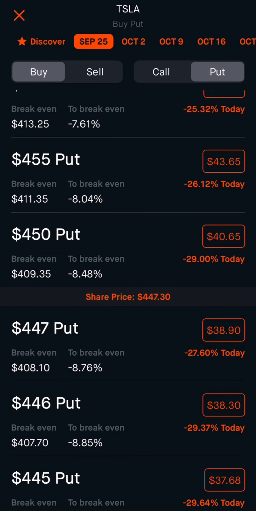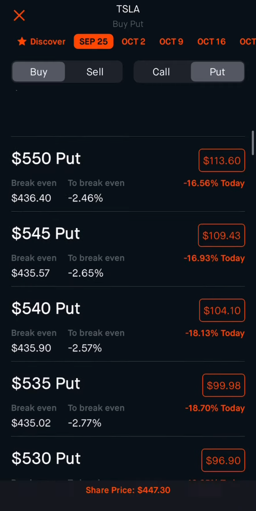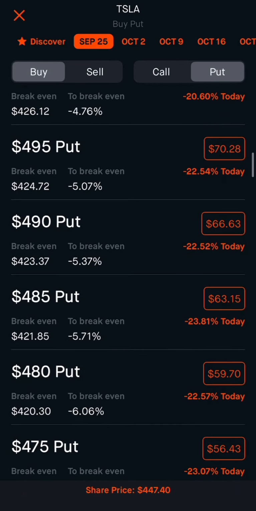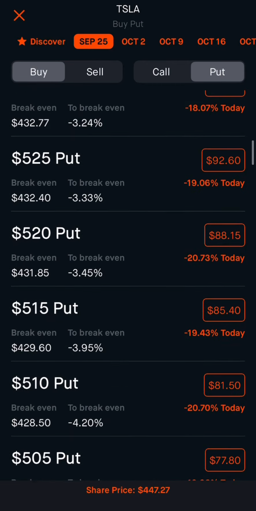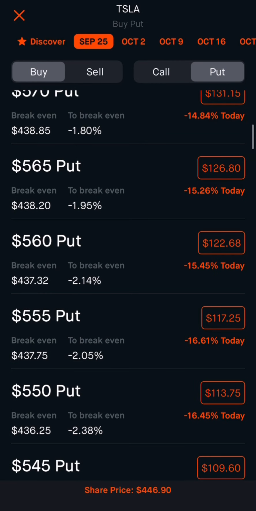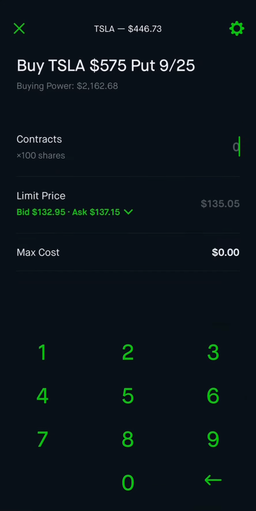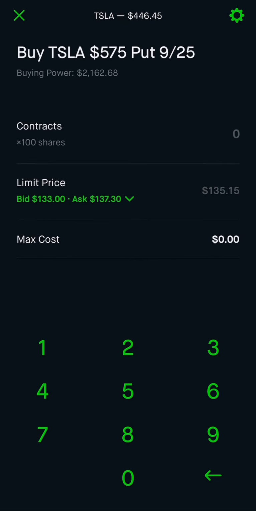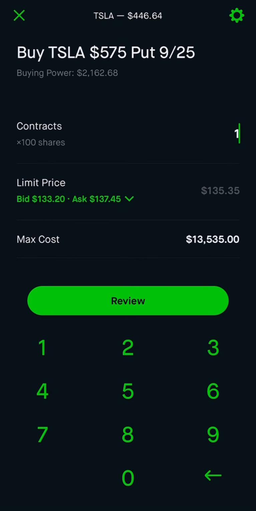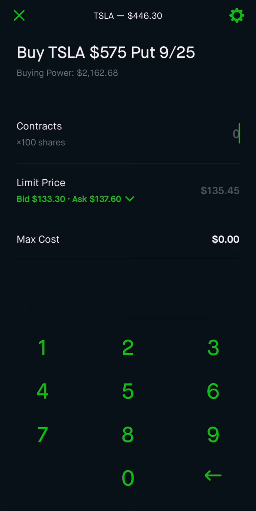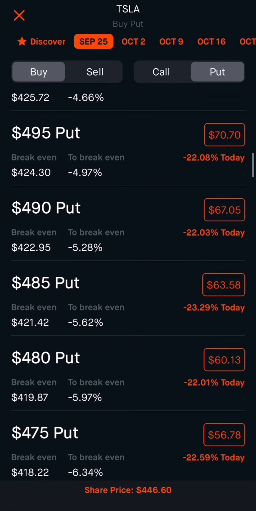You can scroll up because down here, it's negative 5%. Let's just say we only want to do negative 1%, 1.5%. So you would click this one and you would buy one. That's already $13,000 minimum you would have to pay. So you see how much difference it is with you trying to trade Tesla?